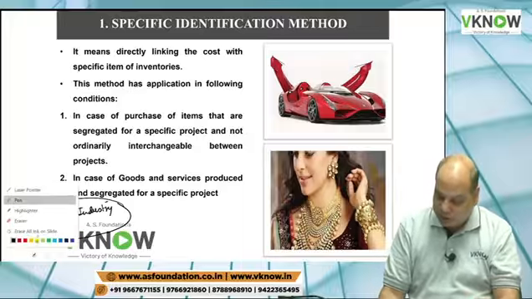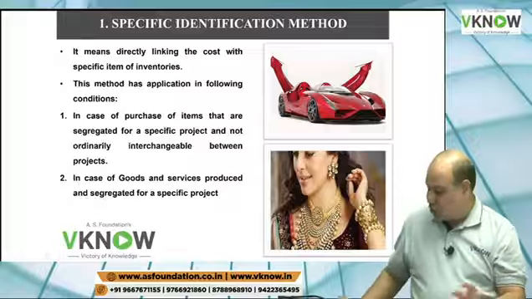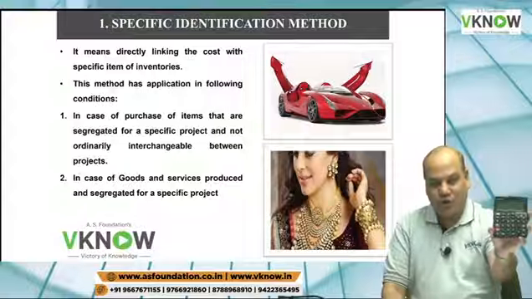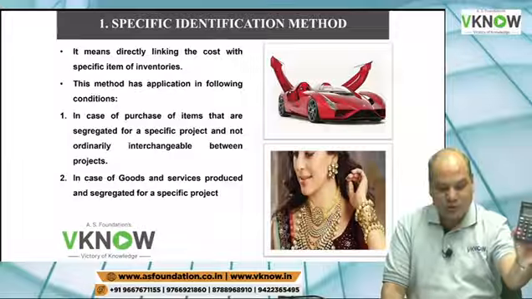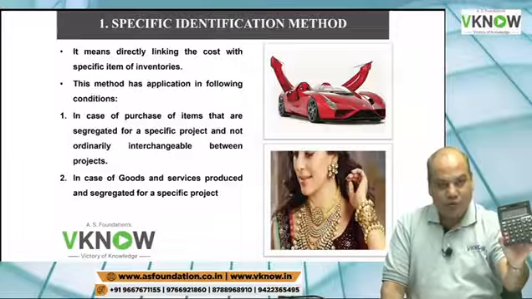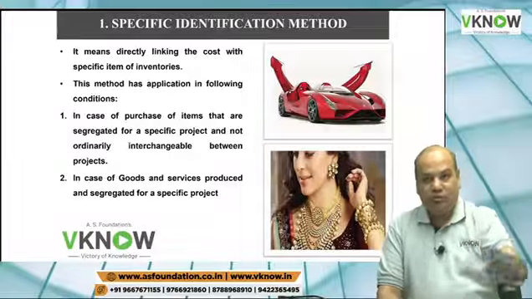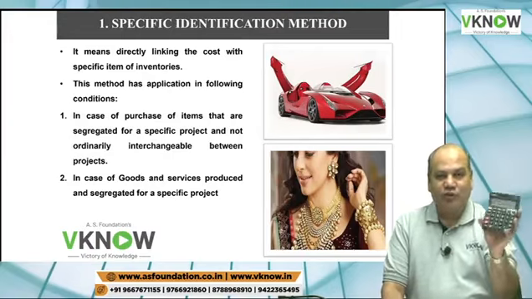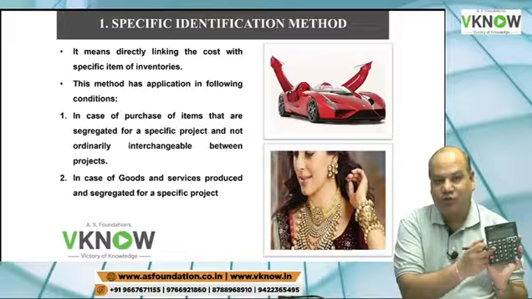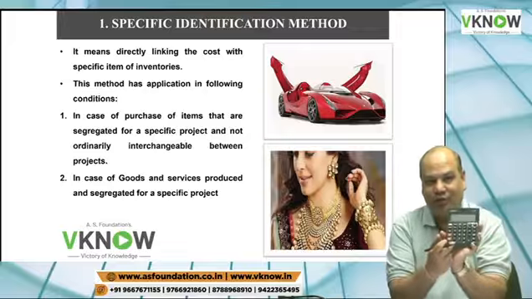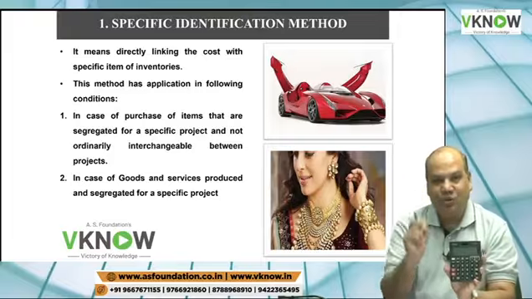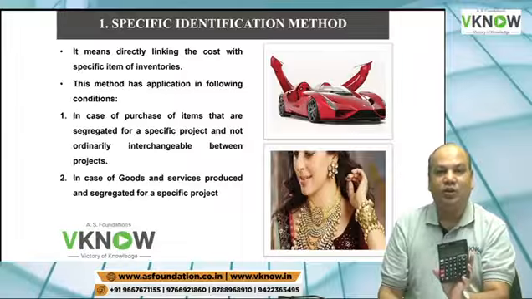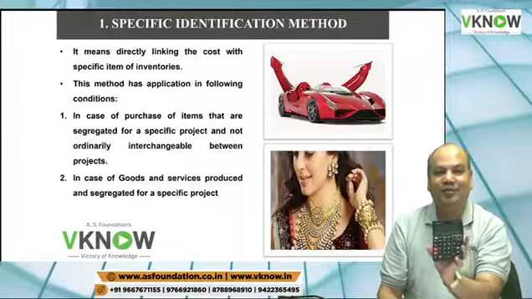Now quickly answer. This is a Casio company. This calculator you may also be using. Yes or no? All hundreds of you sitting here, you are also using Casio calculator. Can this Casio calculator company use specific identification method? Come on.